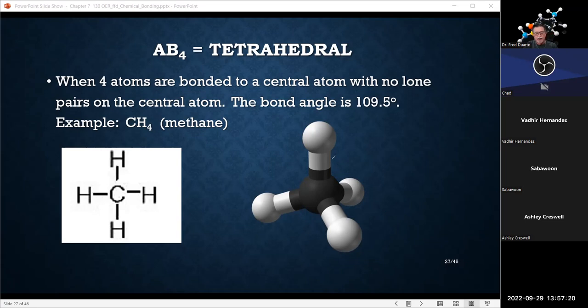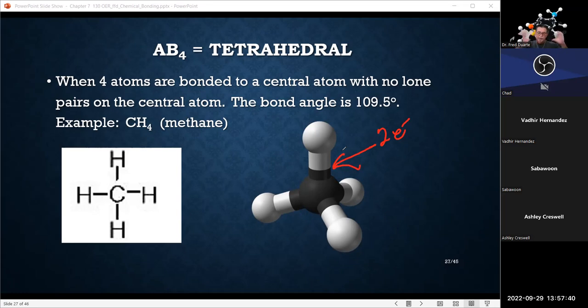And again, it gives you that bond angle because, you know, these are electrons. There's two electrons here. See, all the way around, they're going to repel each other. And if we had magnets on the four corners here, you will find that they repel each other.